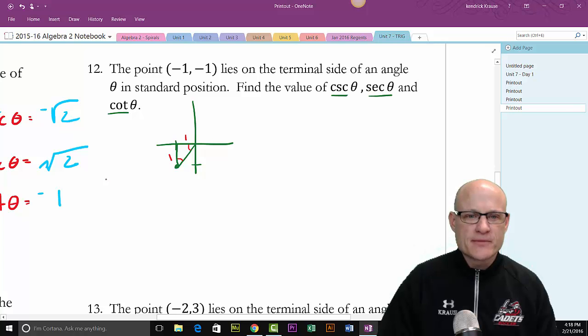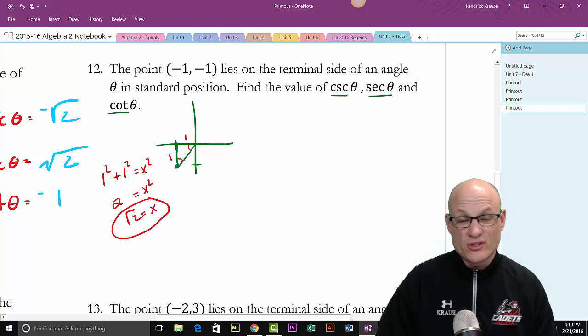So let's see. 1 squared plus 1 squared equals x squared, or x squared equals 2, or x is equal to the square root of 2. We should have known that. We've already done it a bunch of times, square root of 2. I only want these 3, but in order to figure out cosecant, I really need to know sine.